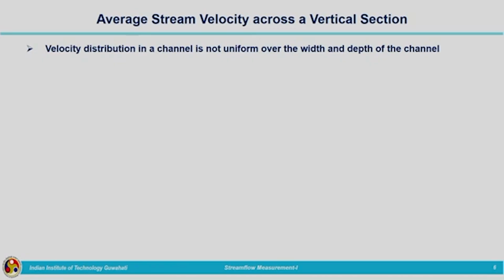Now, let us move on to the topic of determining average stream velocity across a vertical section. We all know velocity distribution in a channel is not uniform over the width and depth of the channel. When we talk about the velocity distribution in a channel or in a river, it is not uniform. For simplification, we usually consider the flow to be uniform, and uniform velocity is calculated by using the corresponding formula. But it is not always like that.